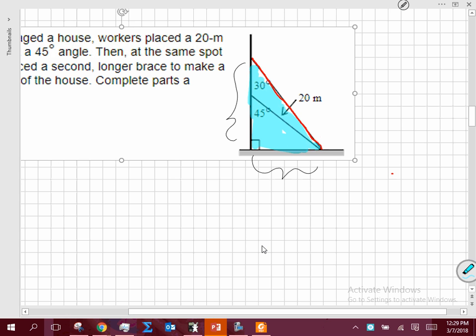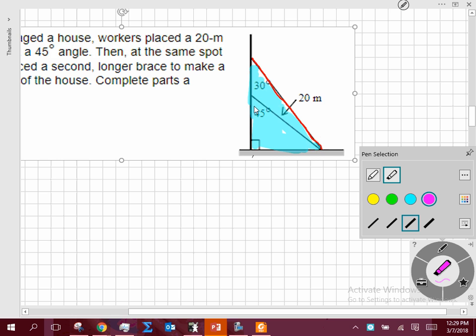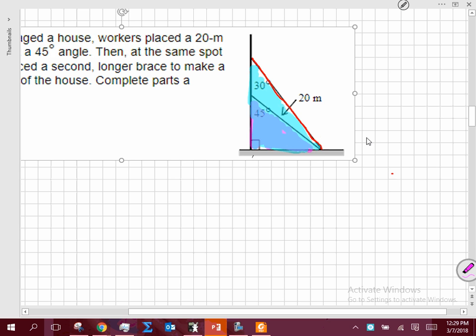It's not until I look at this triangle here that you're able to determine a part of the 30, 60, 90 triangle, because that darker triangle is 45, 45, 90.